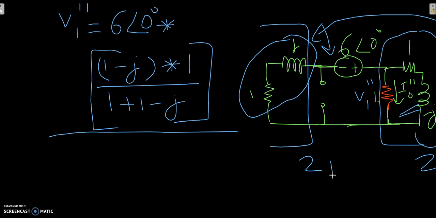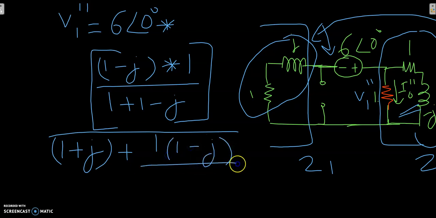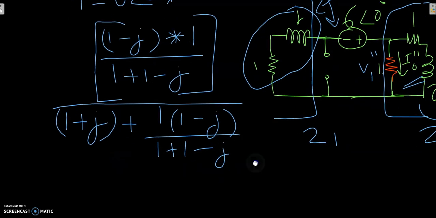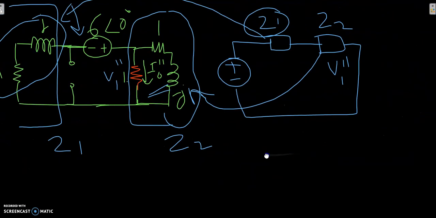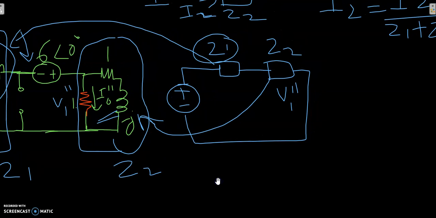So Z1 is 1 plus j, and plus I have to write down Z2 again, 1 minus j, divided by 1 plus 1 minus j. I hope you understand how I get this V1 double dash. So basically I have applied the voltage division rule here.